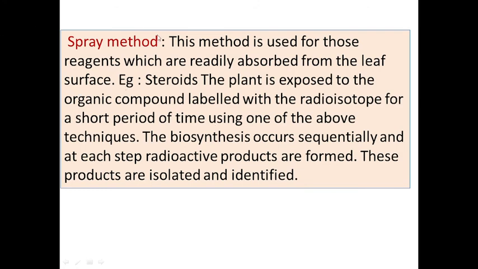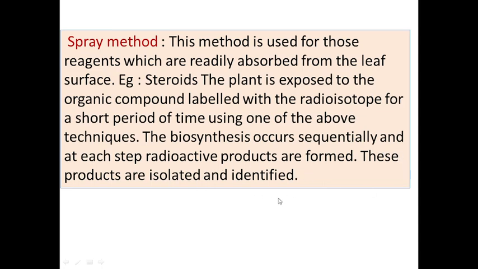The plant is exposed to the organic compound labeled with radioisotope for a shorter period of time by using one of the above techniques, and the biosynthesis occurs sequentially. At each step, because the radioactive isotope is inserted, radioactive products are formed, and these products are then isolated and identified.